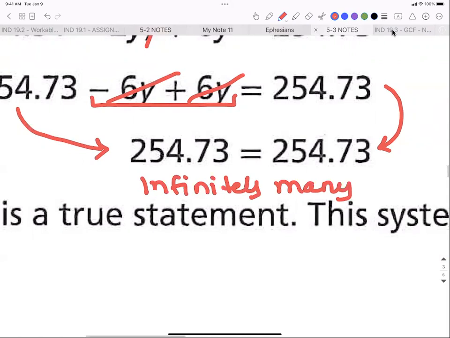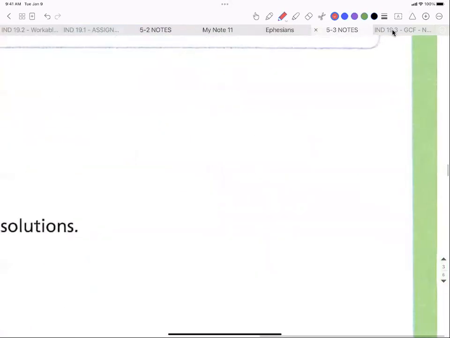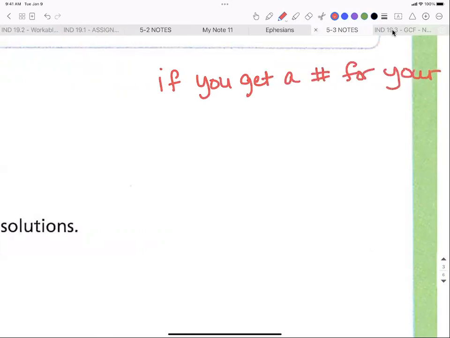Okay, if you want to make yourself a little reminder here, and this is totally up to you: if you get a number for your first variable, keep going, because that means it's going to be one solution.